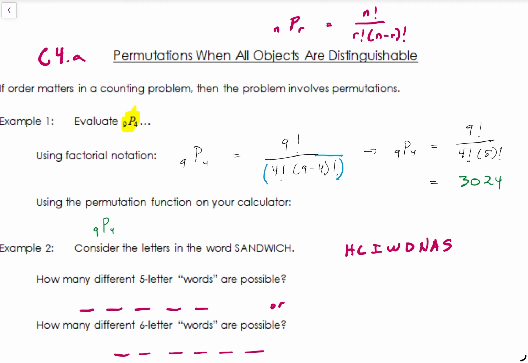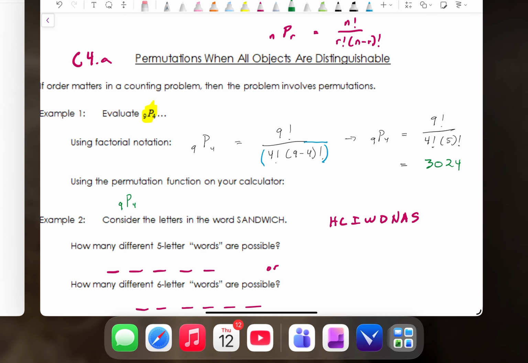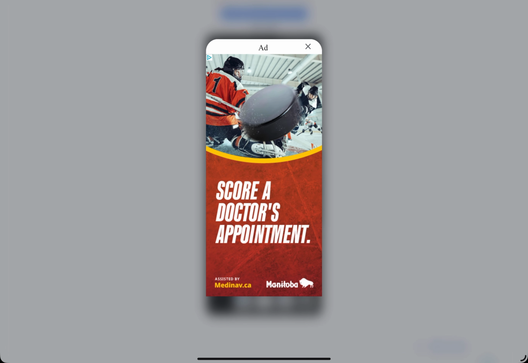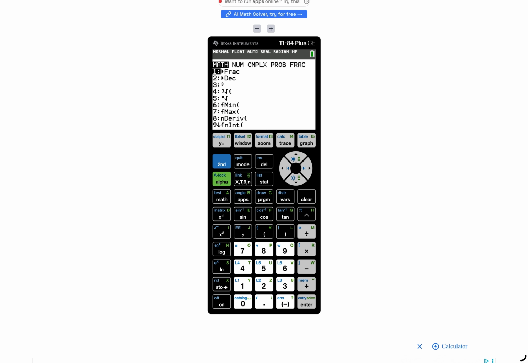So I believe I have it up and running on a different website. I'm just going to calculate 9P4, and the website that I'm going to use is an emulator for the TI. So I'm just going to hit the math button, and the math button is on the left-hand side. When I hit the math button, it opens up this menu.